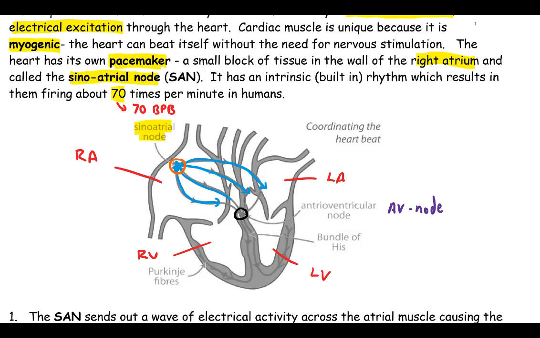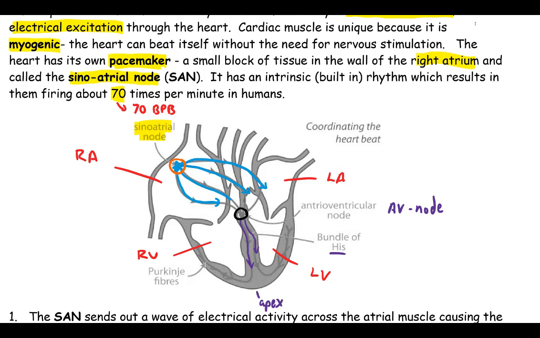So the SA node produces the impulse, it spreads over the atria and the atria contract. It then gets funneled to the AV node, which is in the top of the septum. And from there, the electrical impulse gets transmitted down these special fibers in the septum known as the bundle of His. From there, the impulse goes down to the apex, or the point of the heart.